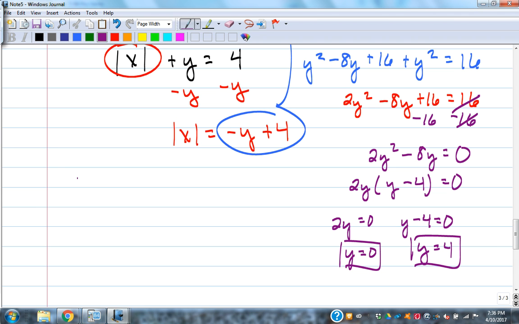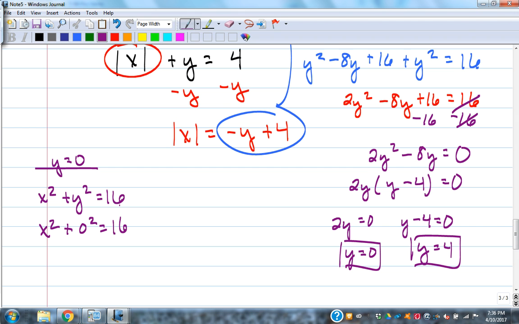So when y is equal to 0, this is what happens. If I go back into x squared plus y squared equals 16, I'm shying away from the absolute value problem because that's kind of weird. Squaring something's not real weird, but when you start solving an absolute value equation, that gets a little weird. So if I plug in a 0 for y, I get x squared plus 0 squared.